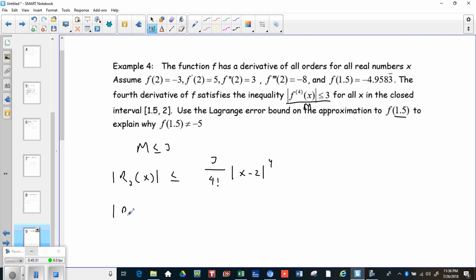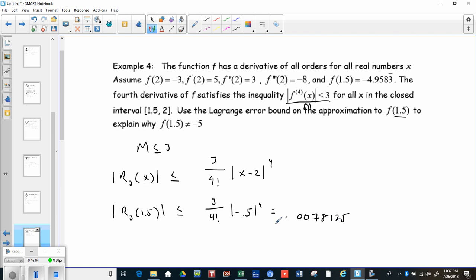So the maximum remainder of a third degree Taylor polynomial at 1.5 has to be less than or equal to 3 over 4 factorial. Plugging 1.5 in here, you get negative 0.5 to the fourth. This value is equivalent to, plugging this into the calculator, 0.0078125.